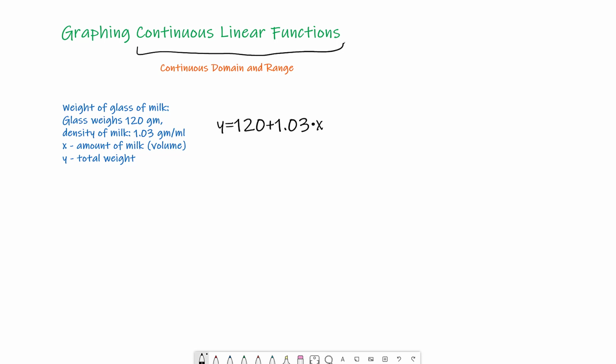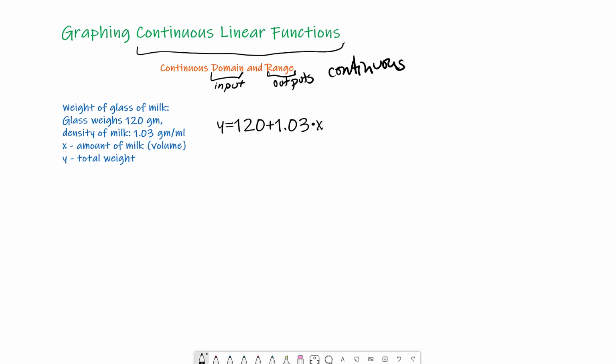Well, what we're saying is that our domain, which is the set of numbers that we can use as input, and our range, which are the set of outputs, are both continuous. And when we say continuous, what we mean is that if there are 2 points on the number line that are included in our domain, any number between those 2 numbers will also be part of our domain.